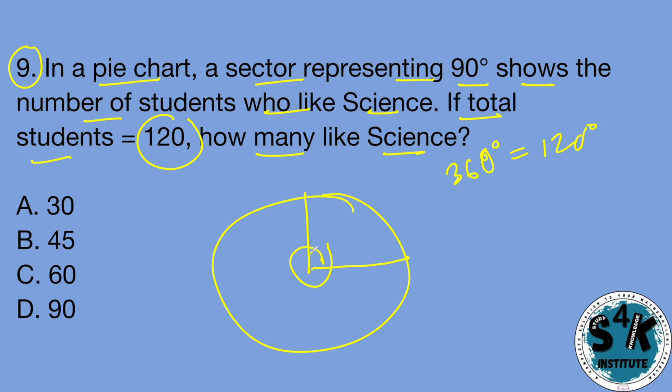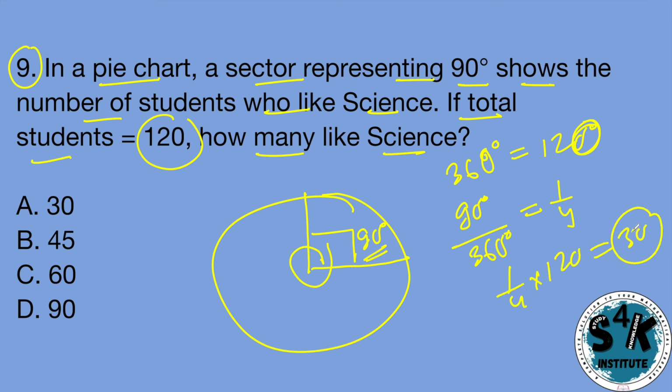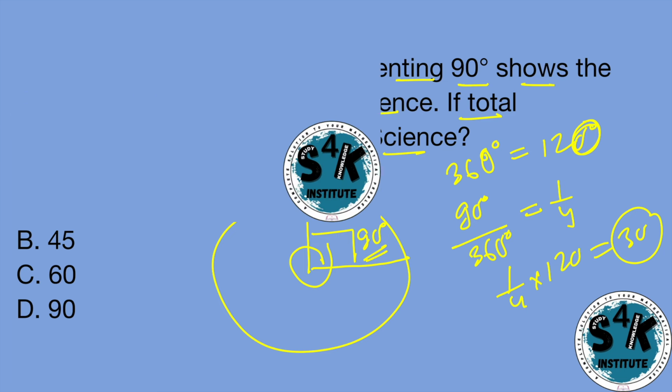So they're asking, this 90 degrees is representing science. So how many students of science are there? So obviously 90 degrees is 1/4 of 360 degrees. So 1/4 of 120 students will be how much? 1/4 of 120 students will be 30. Okay. So let's move to the next question.